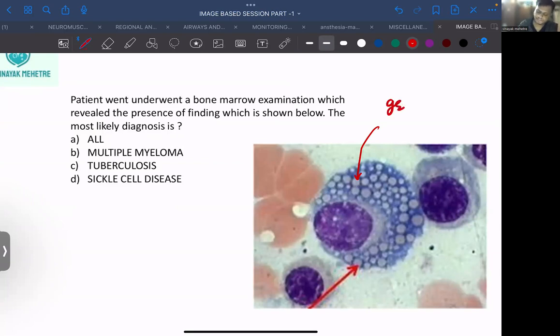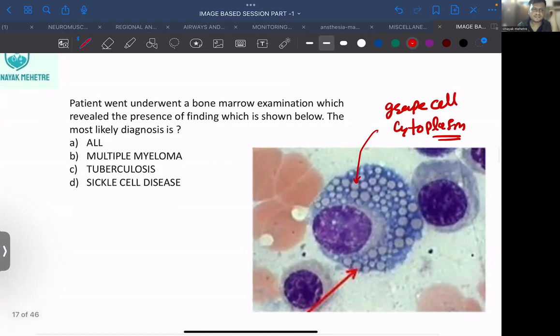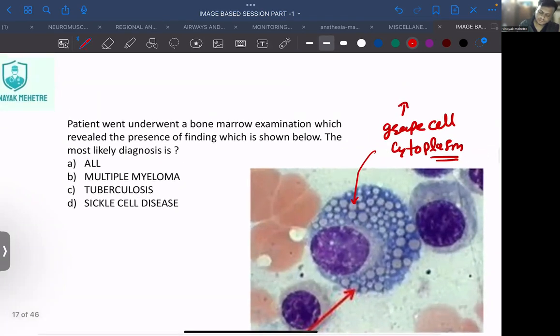Grape cell cytoplasm. What is the name of the cell? This we call mott cell. It is called mott cell, right?